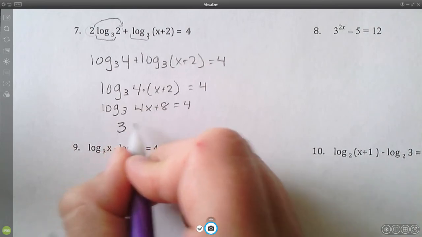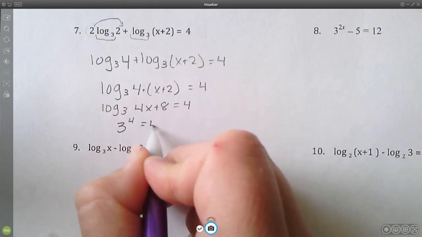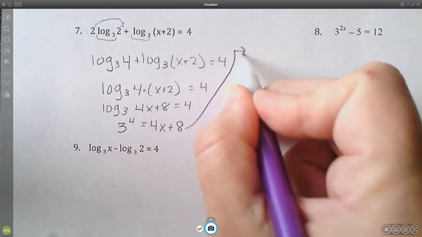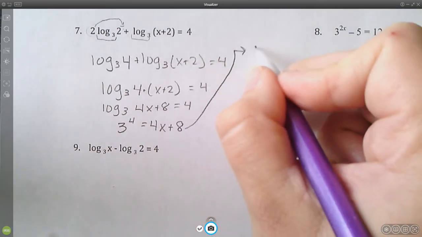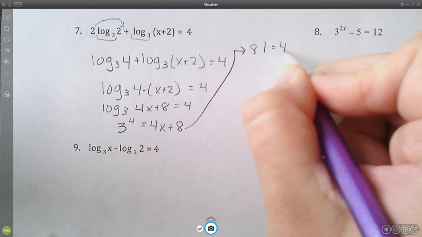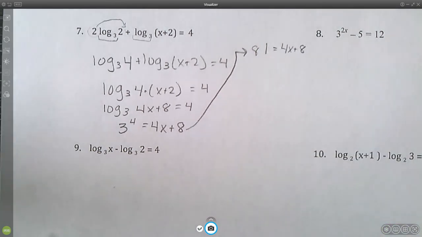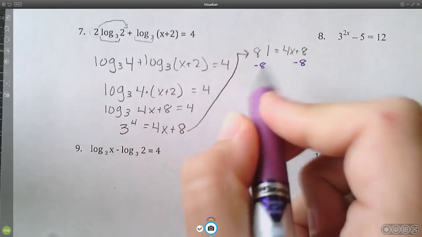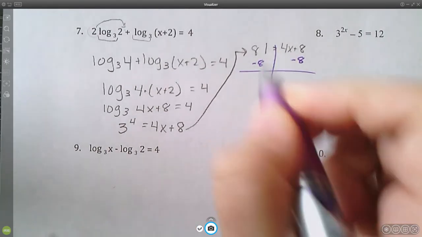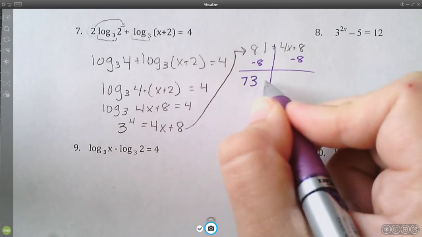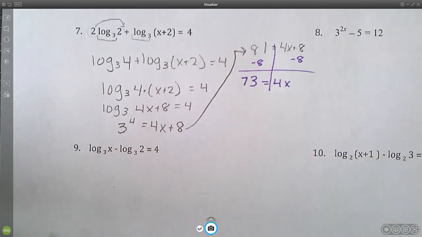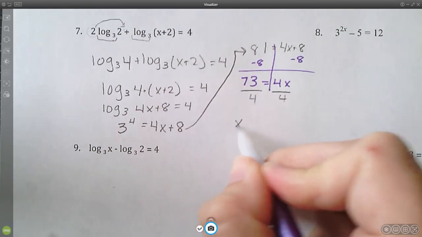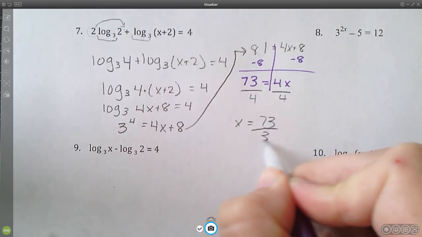So 3 to the power of 4 equals 4x plus 8. Go over here. This is 81 equals 4x plus 8. So if we subtract 8 from both sides, we get 73 equals 4x. Divide both sides by 4. Get x equals 73 over 4.